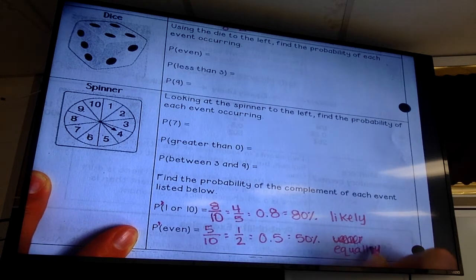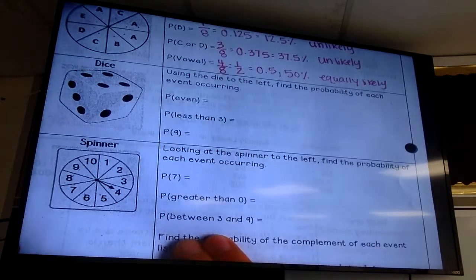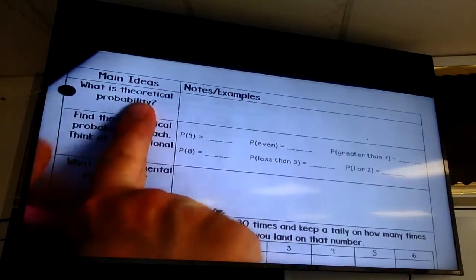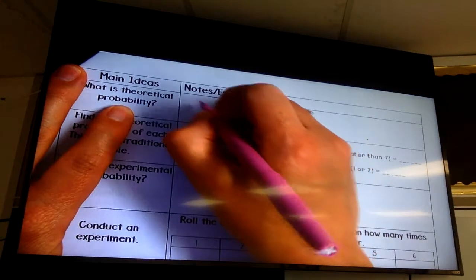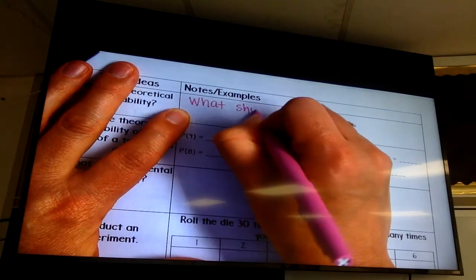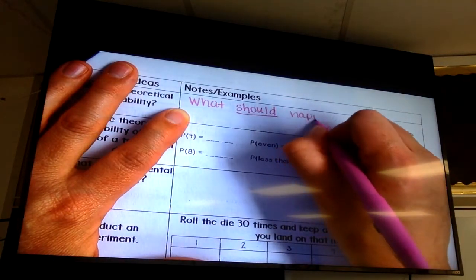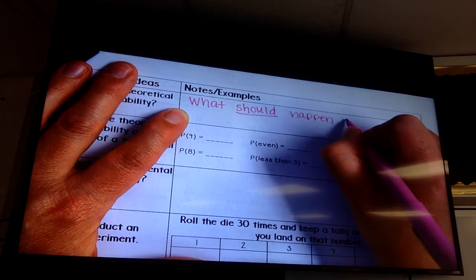So all of these probabilities that we've talked about today are the same type of probability. It's called theoretical probability. And theoretical probability is what should, underline should, happen given the facts.